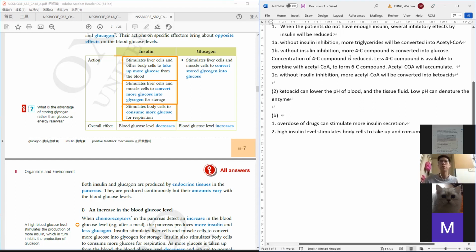Okay, so every cell takes up too much glucose. So the blood glucose level decreases to a dangerous level.